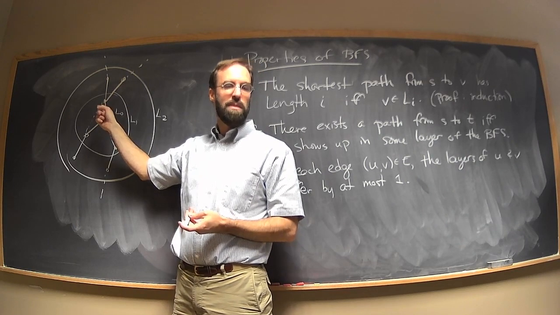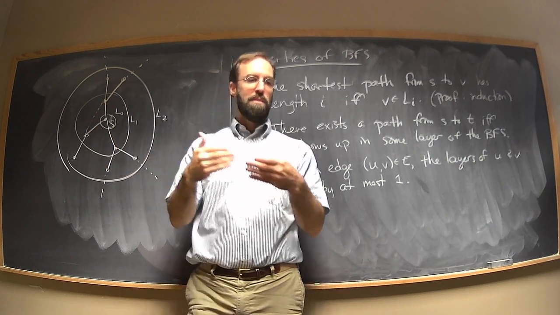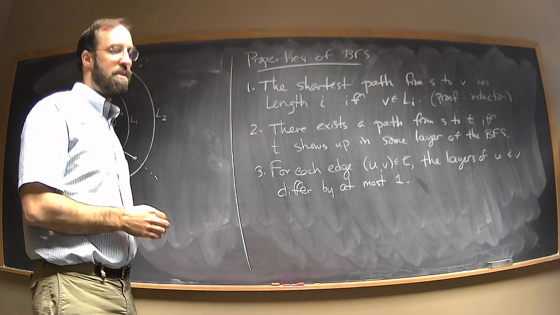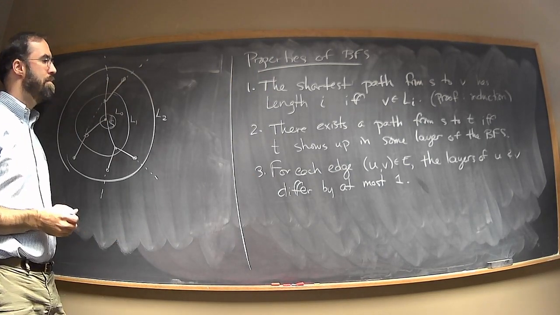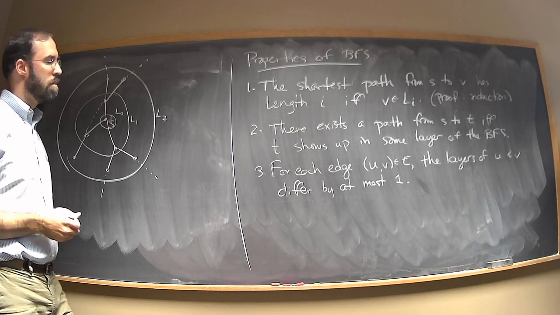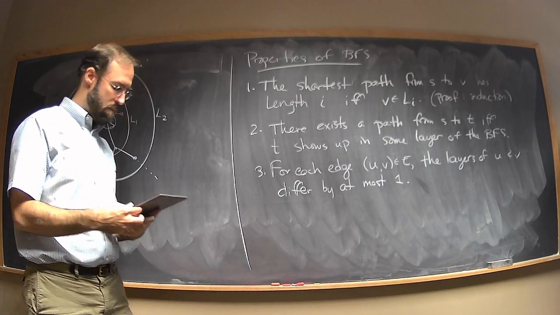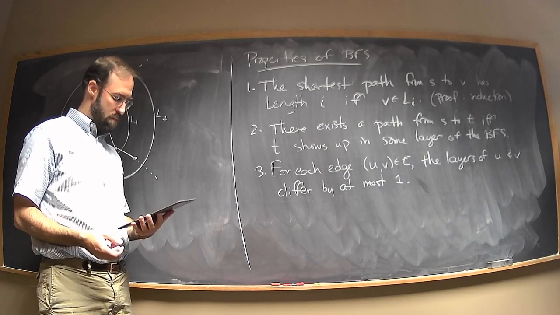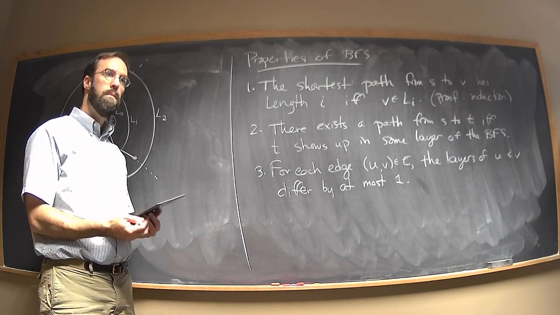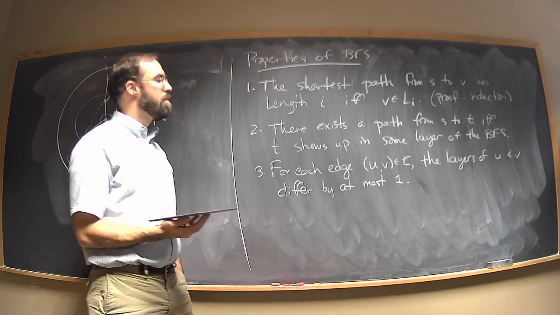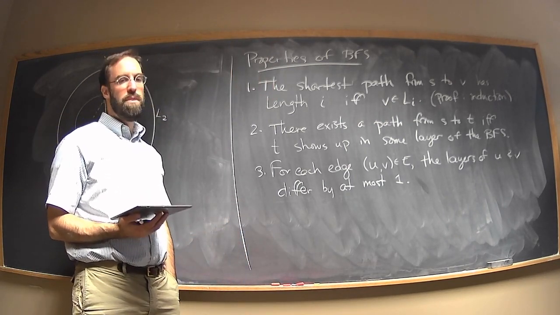They could be in the same layer, or they could differ by 1 layer, but they can never be any farther apart than that. Questions about any of these properties so far?